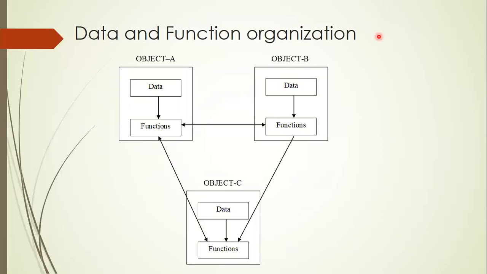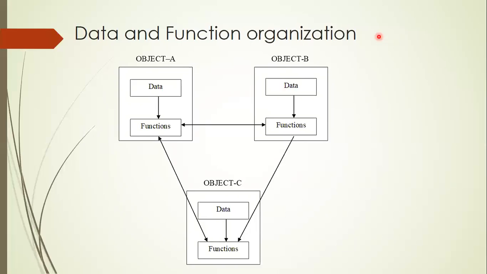In this example, we have three objects: object A, object B, object C. Within object A we have some data specific to object A, and some functions which operate on the data of object A. So functions of object A cannot operate on the data of object B. Similarly, functions of object B cannot access the data of object C. That means your data is protected securely inside a particular object. It is the basic concept of object-oriented programming.